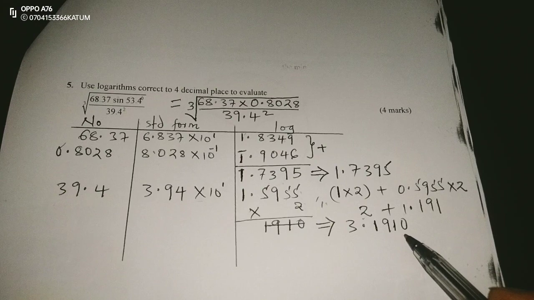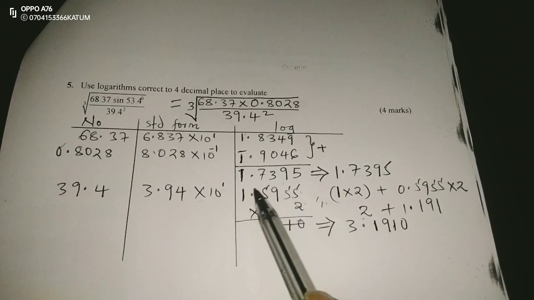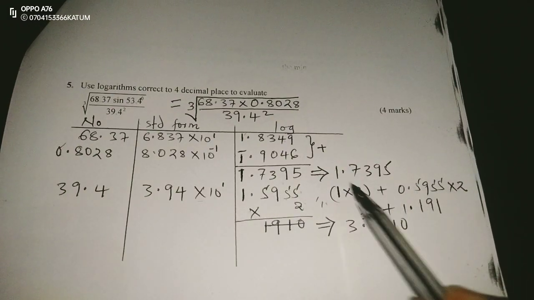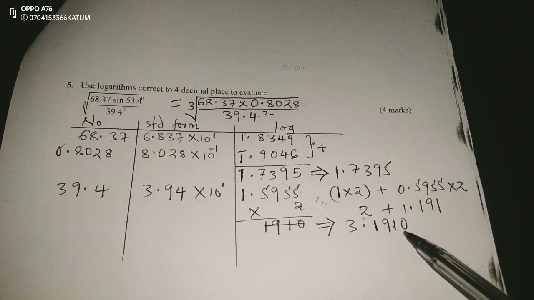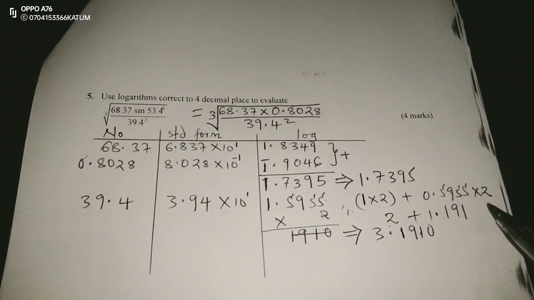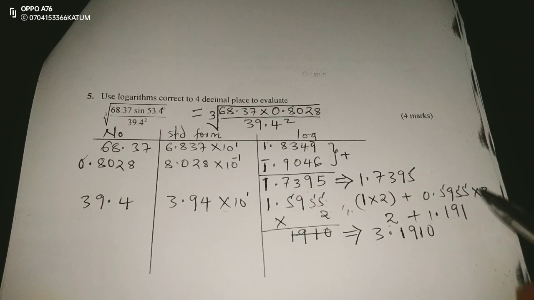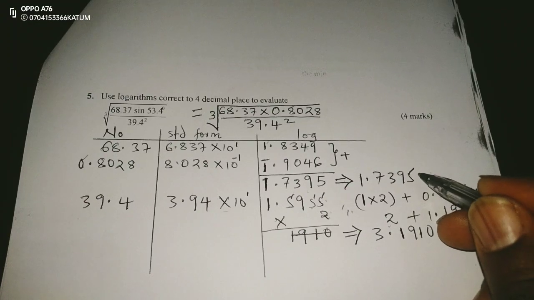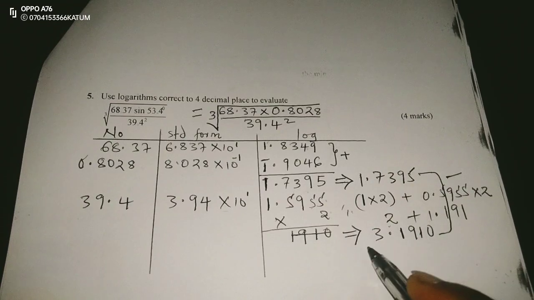So this is now the logarithm here multiplied by 2. We multiply the characteristic on its own, then the Mantissa part on its own. Then now, because the numerator and the denominator are divided, we are going to subtract their logarithms.